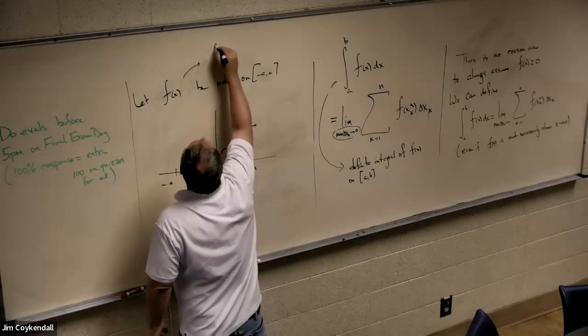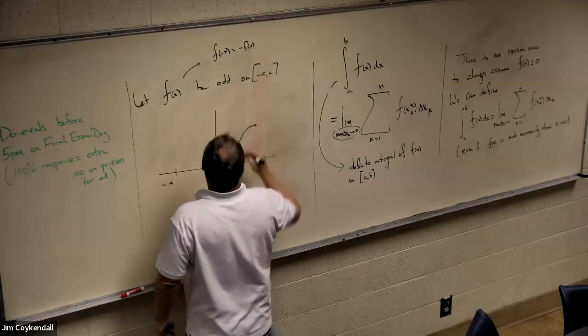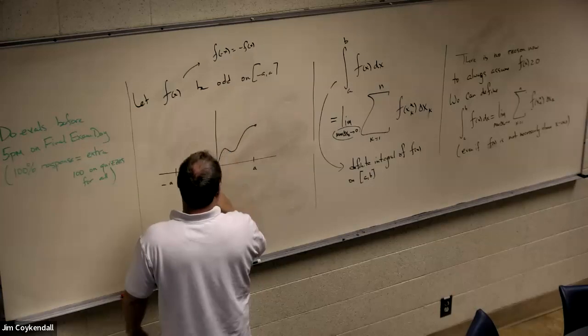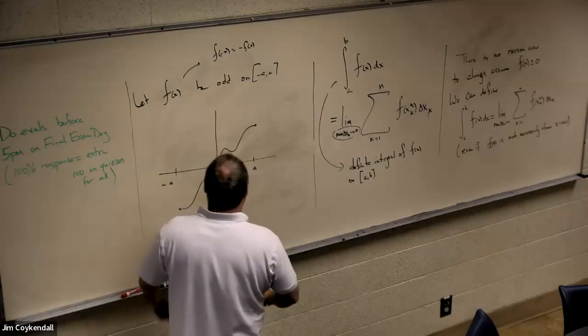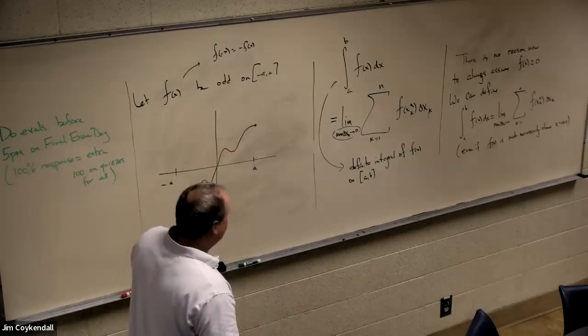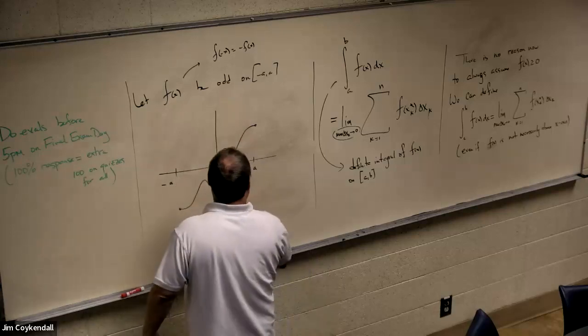Remember, f of negative x is minus f of x. So if you want the y coordinate here, look at the y coordinate here and change the sign. So what this means is, this, that's supposed to be the mirror image. Everybody see what I'm doing?